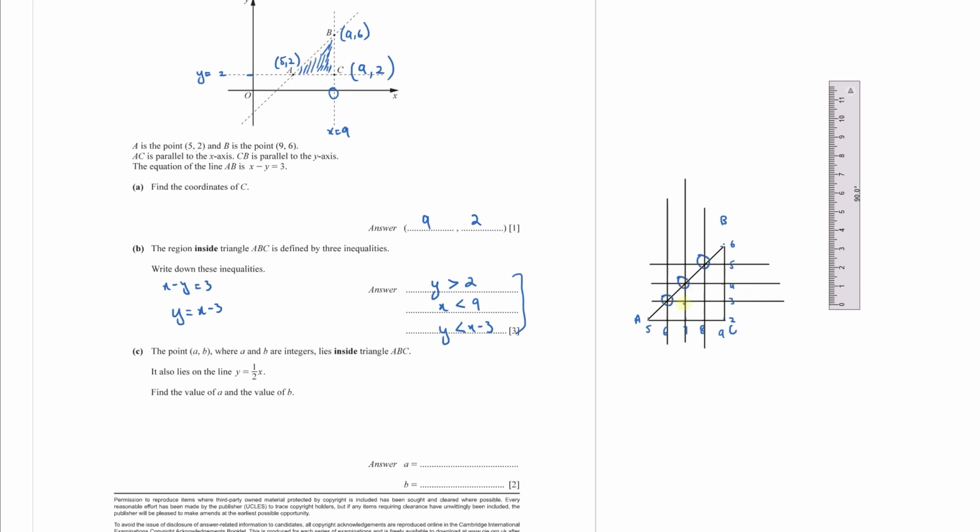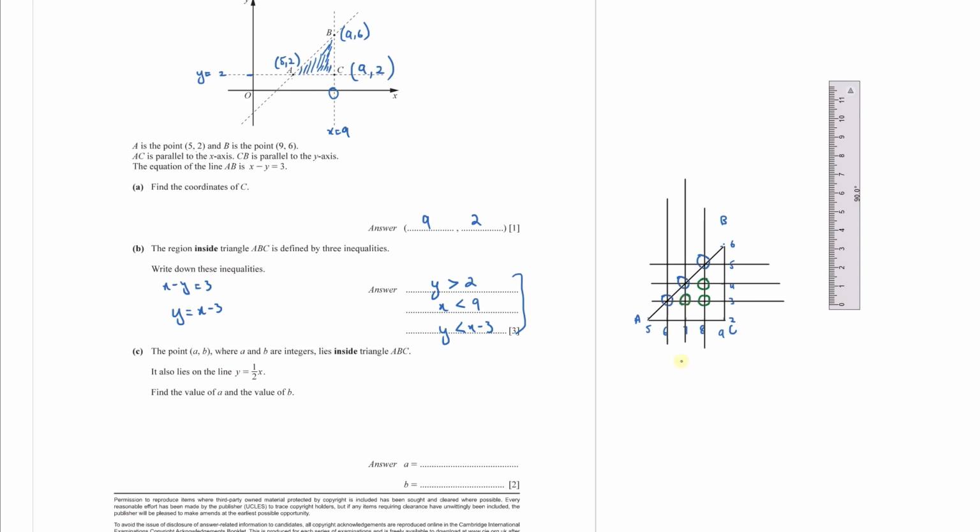The only integer coordinates inside the shaded region, let me mark them in green, are this one, and this one. These are the only 3 coordinates which have both x and y coordinates that are integers. All other coordinates here will have decimal values.